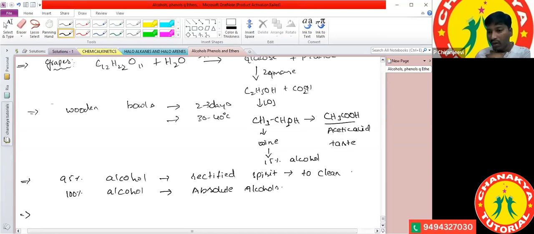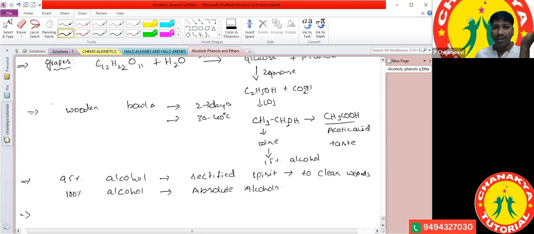Some body deodorants also contain ethanol.